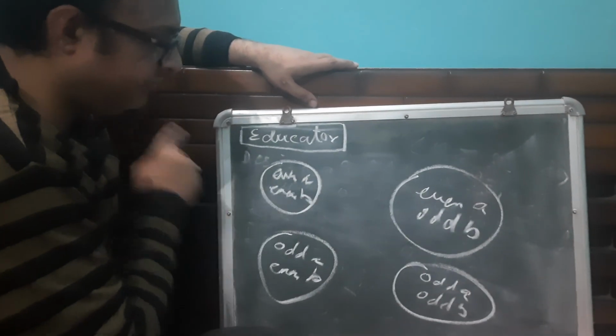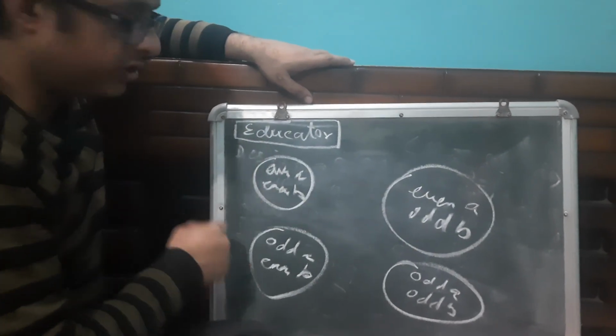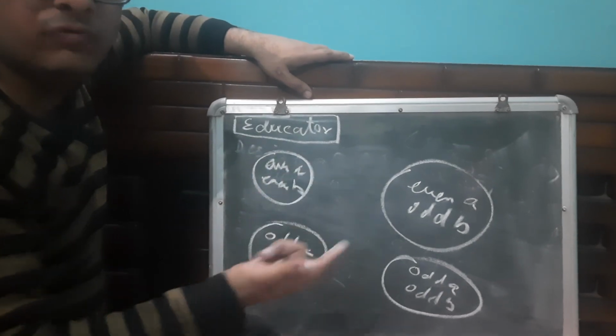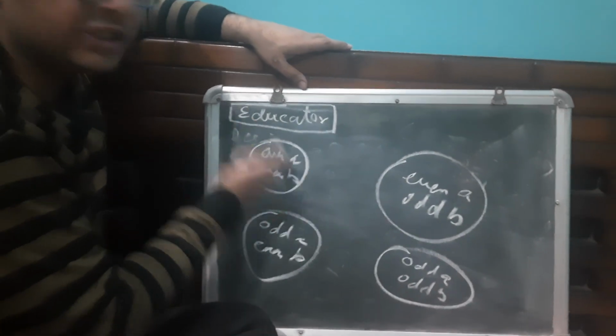So A can be in even or odd state, B can be in even or odd state. Simultaneously there could be 2 into 2, 4 states for configuration of A's and B's.